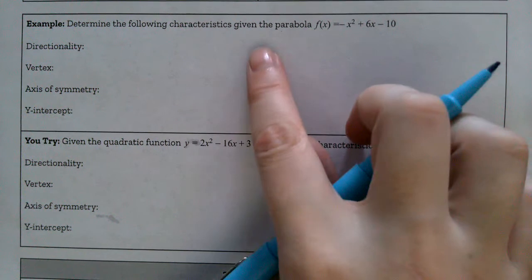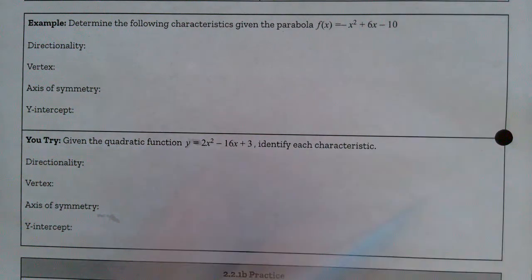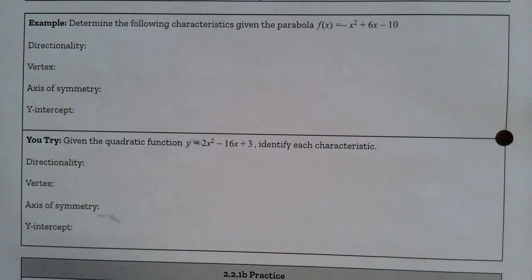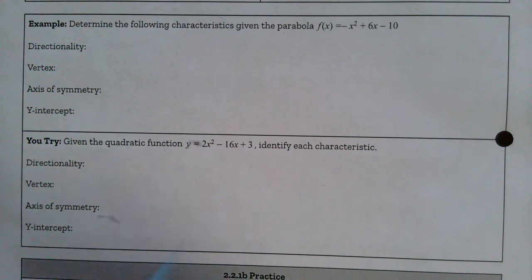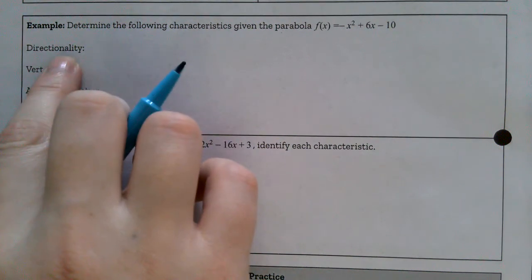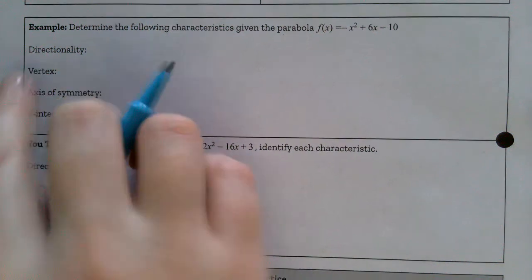So it says to determine the characteristics of this parabola, and we have our parabola here, f of x equals negative x squared plus 6x minus 10. So I'm going to start with the directionality, and the directionality, remember, is based off of our A value.